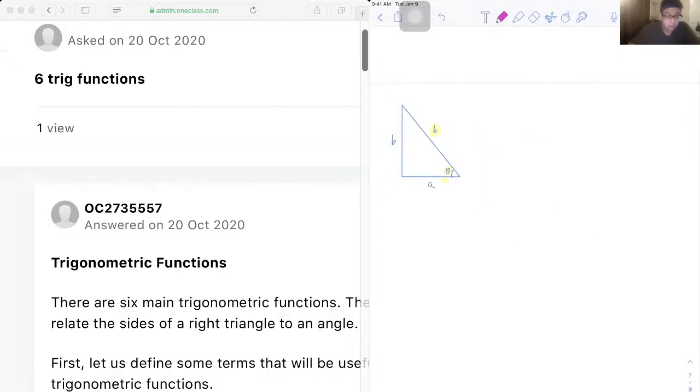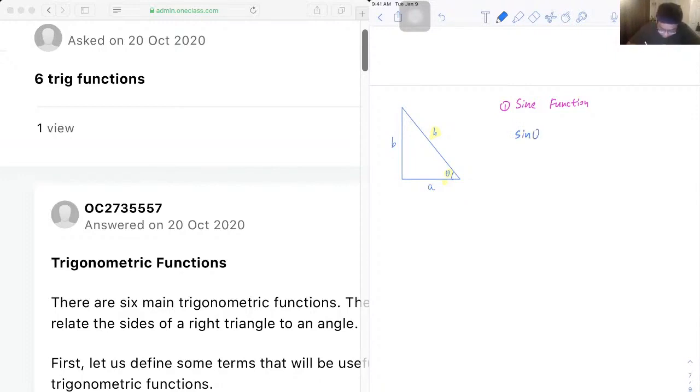Okay. So the first one will be our sine function. And so this relates the angle, the opposite side, and the hypotenuse. And the relation is sine. We write SIN as a short symbol for sine.